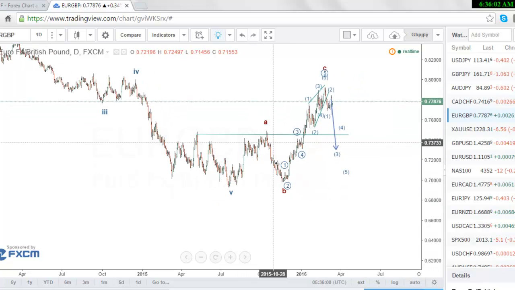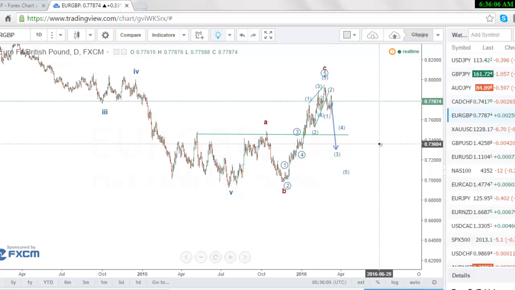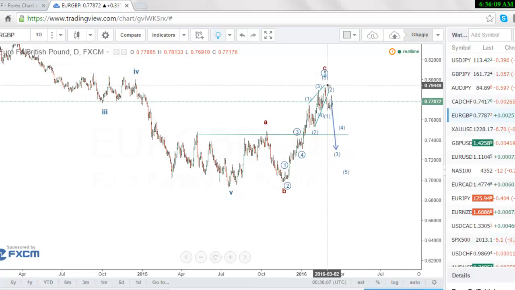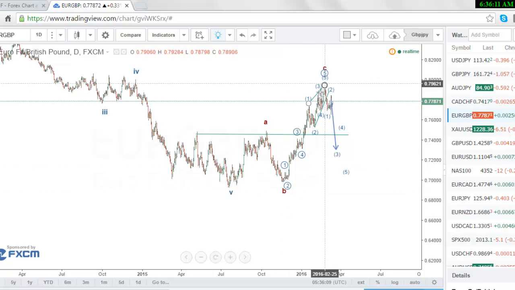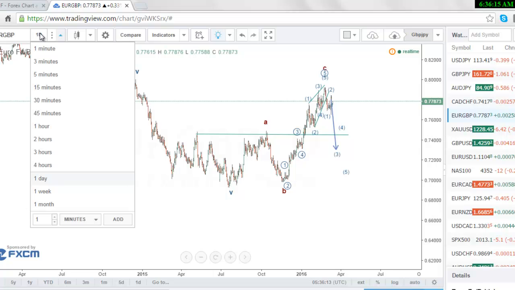What we are having here is an ABC correction, all right, an ABC correction. Now the C wave here is expected to be an impulse wave or an ending diagonal.